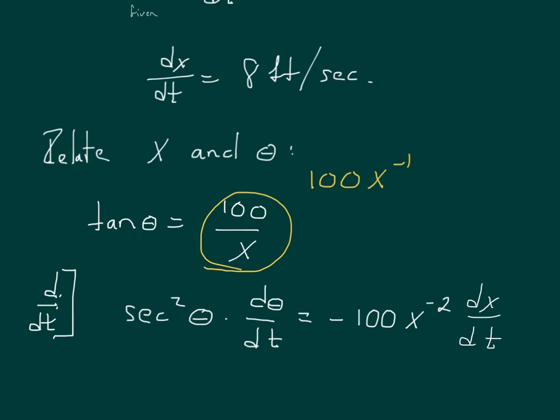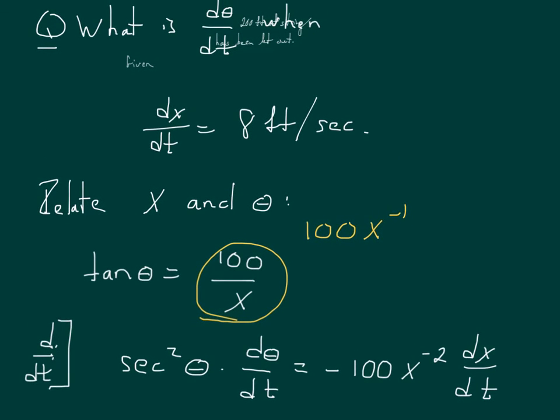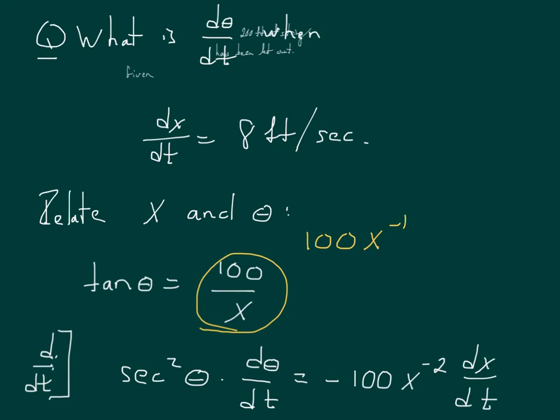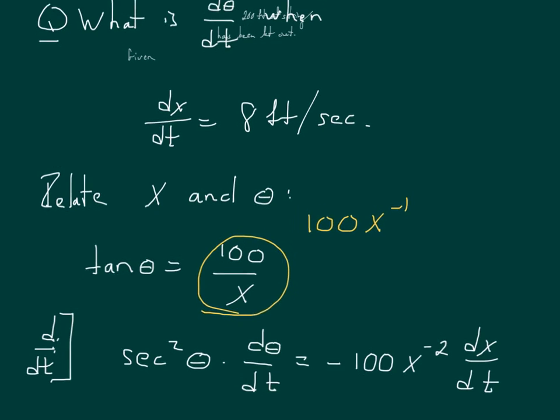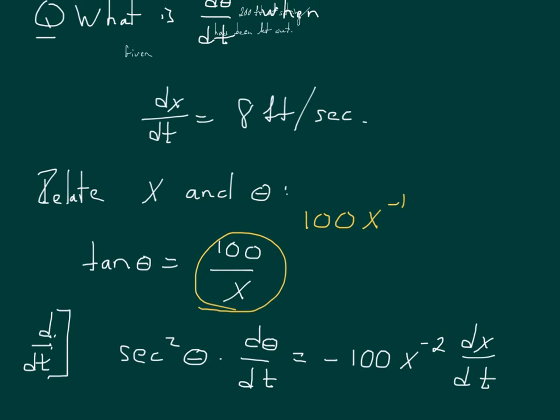All right, so this looks good. Let's go up, though, and see what our question is. Our question is, what's d theta/dt when 200 feet of string has been let out? I know dx/dt, and I need d theta/dt.